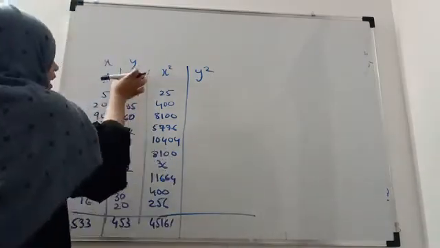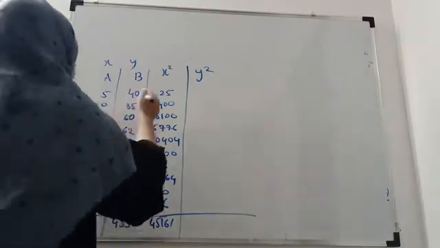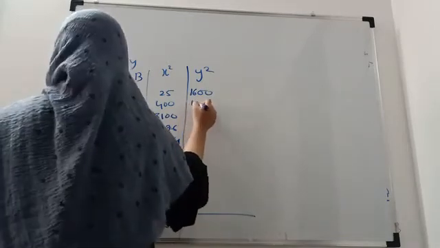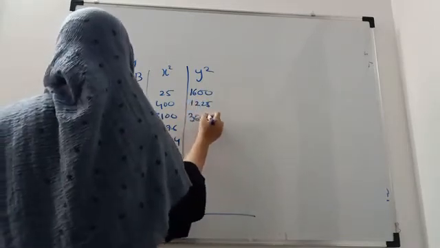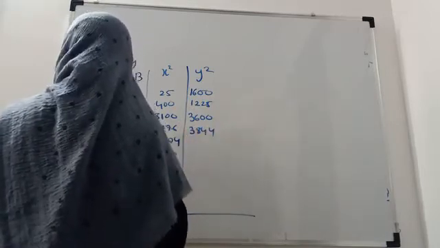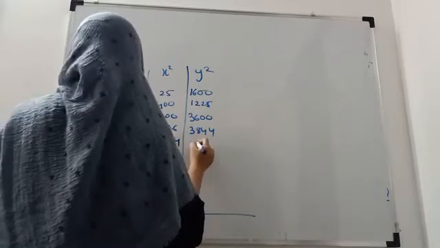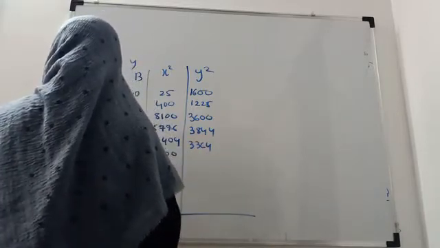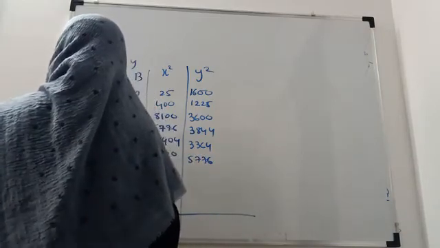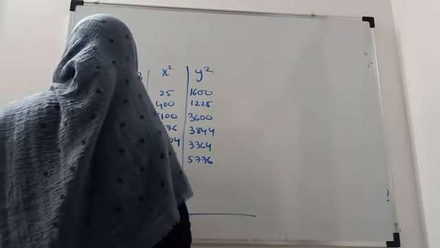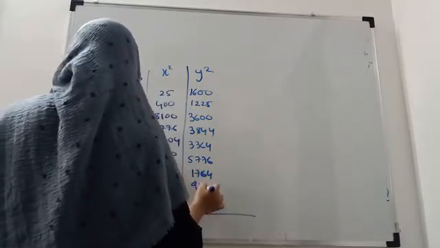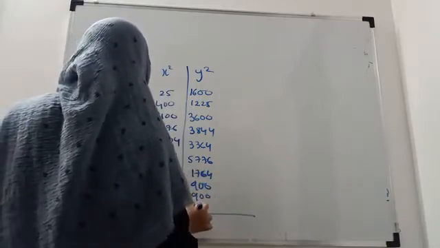Okay. Now we will calculate the y squares. 40 squared is 1600. 35 into 35 is 1225, 60 squared is 3600, 62 multiplied by 62 is 3844, 58 multiplied by 58 is 3364, 76 multiplied by 76 is 5776, 42 multiplied by 42 is 1764, then 900, 900 and 400.